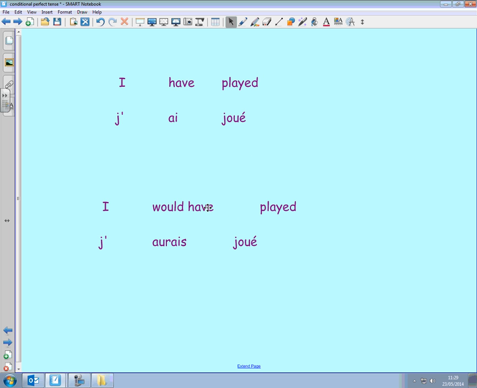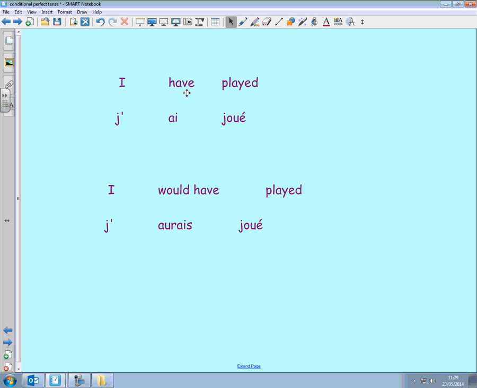And if you consider what we have got underneath, all we have to do to make it into the conditional perfect, not I have played, but I would have played in English, we simply put the have into the conditional, would have. And we do exactly the same in French. So you simply put the have bit, j'ai, into would have, which is j'aurais.